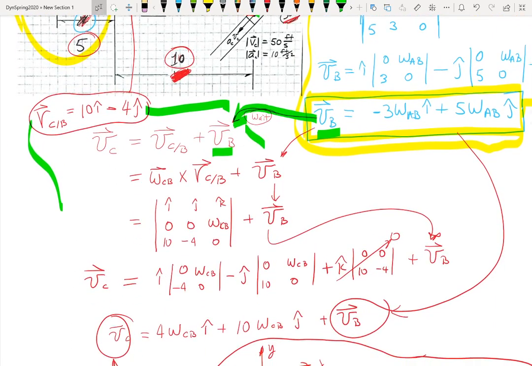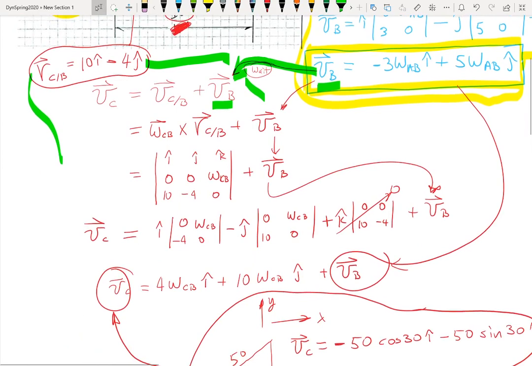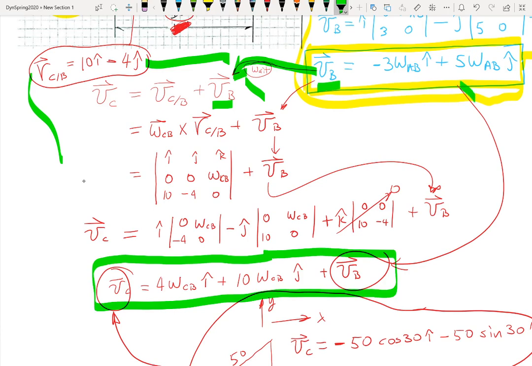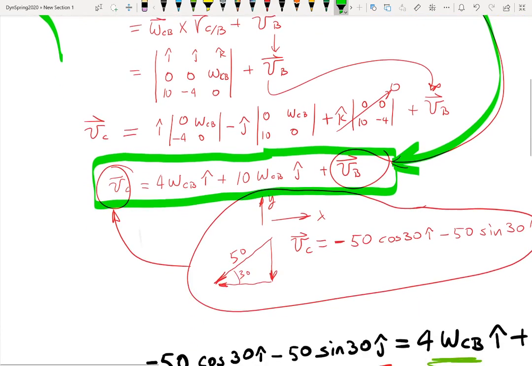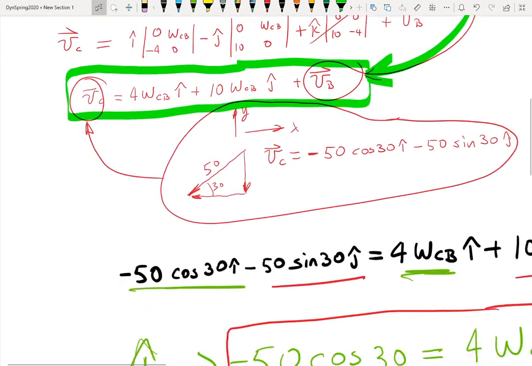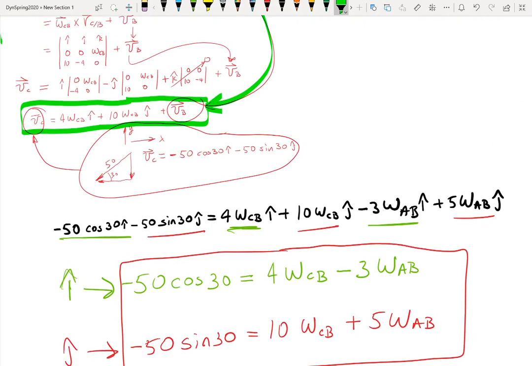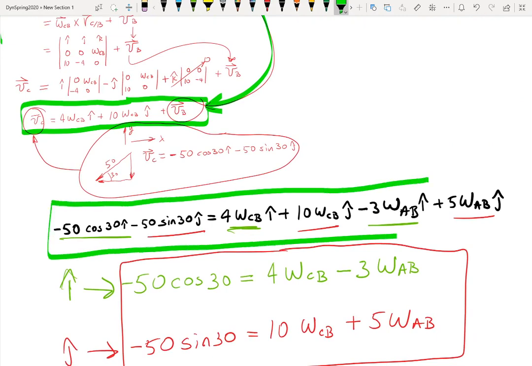So we worked this all the way down to the point where we were about right here, and I did not put in the velocity of B yet. Then I put the velocity B in there. When I did, we ended up with a big set of equations like this.